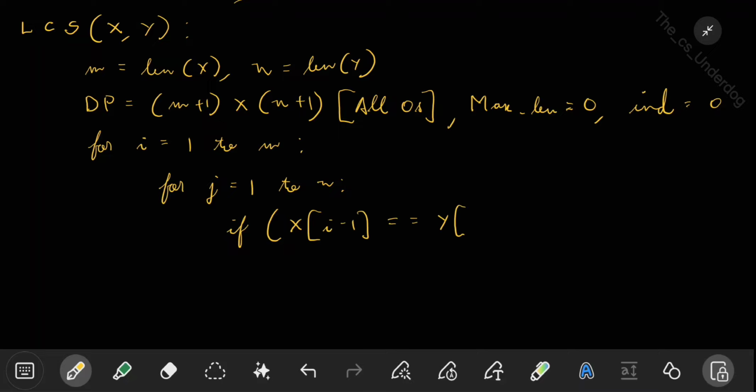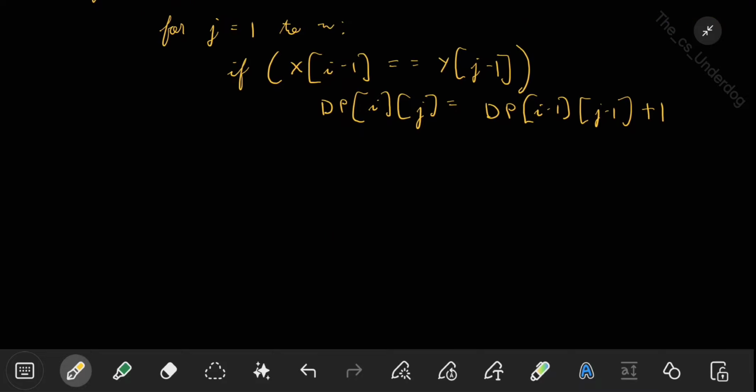If they are the same, what should you do? You should do dp of ij is equal to whatever be the longest common substring, considering all the characters previous to this, plus 1. That is what you want to do. What will you do? dp of I minus 1, j minus 1 plus 1. This is what you will have.